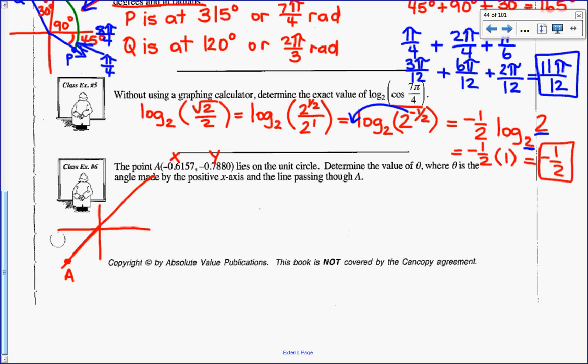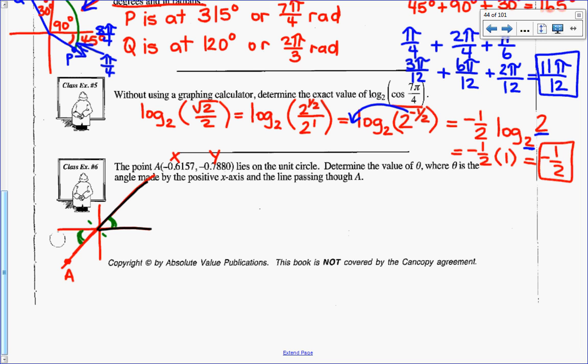And we know from what we've learned before in geometry that opposite angles would be equal. Okay, those two angles would be equal, so would this angle and this angle. Okay, opposite angles are equal. But if we can figure out this reference angle, then we will know this reference angle as well. Okay? And that's the line that passes through A and the angle that's made from the positive x-axis to that line, right? Okay, so that's what that's asking for.